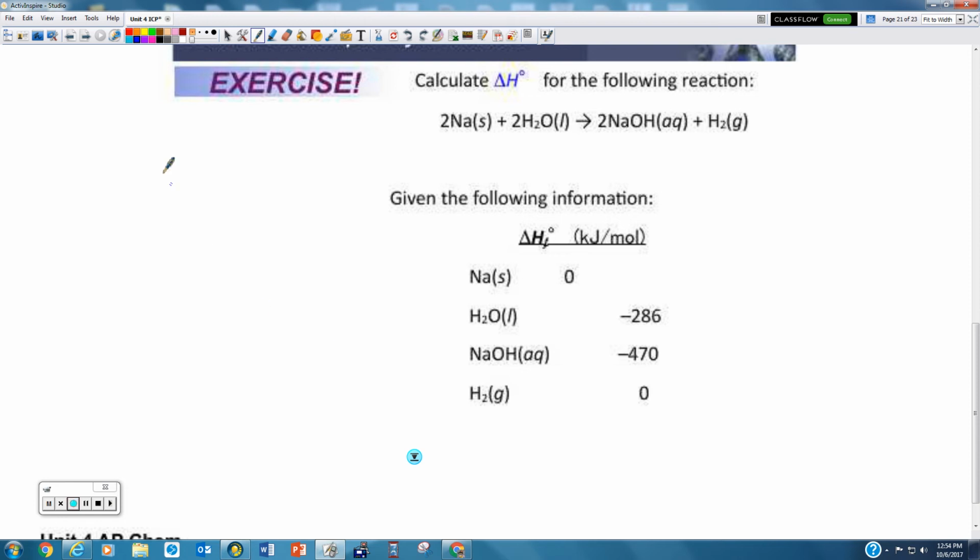So we have our Big Mama equation, which is delta H of the reaction, equivalent to the sum, and that sigma just represents sum, and I have a little trouble drawing that sometimes, of the products minus the sum of the reactants.